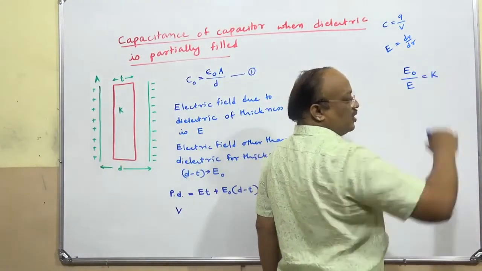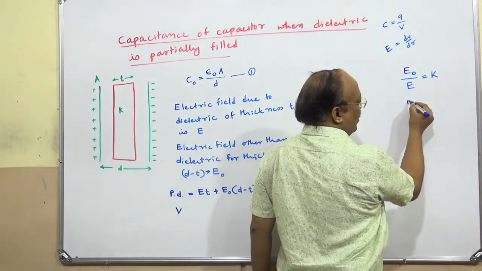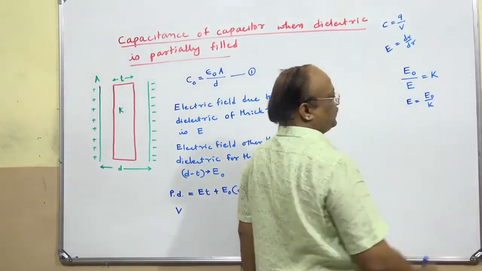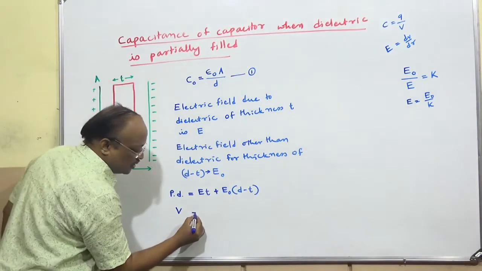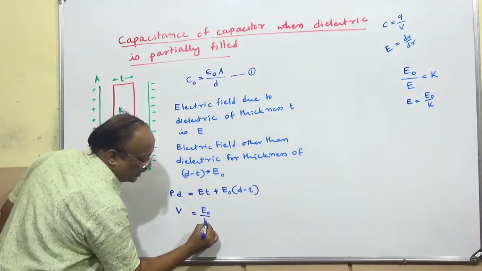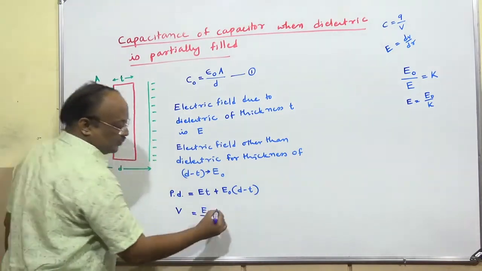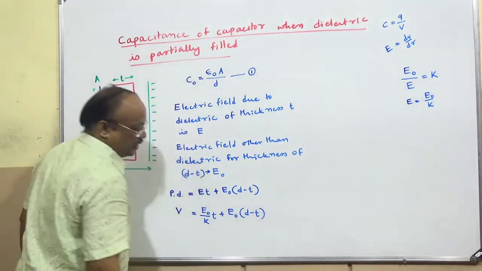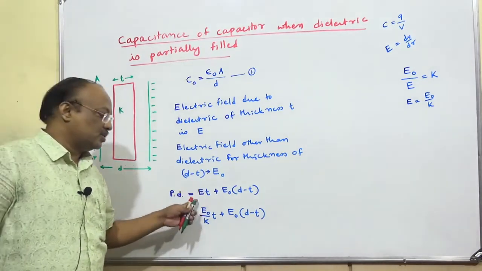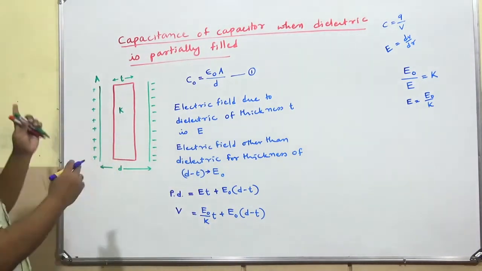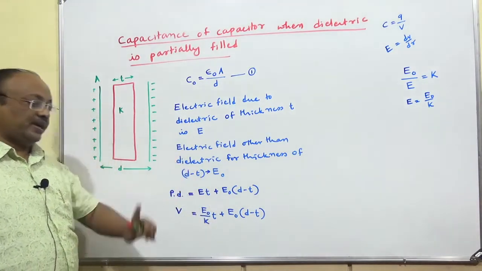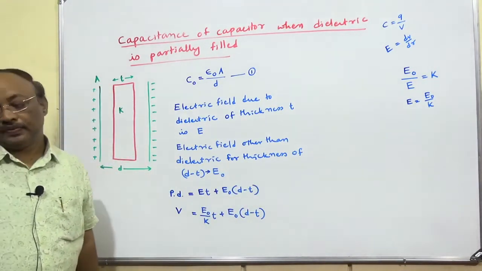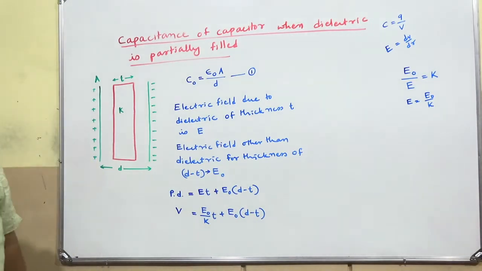E naught by E is equal to K, so E is equal to E naught by K. So this is E naught by K into T plus E naught into D minus T. Since the dielectric is introduced for this thickness, the field there is E naught by K, so it is E naught by K into T plus E naught into D minus T. So this is our potential difference.